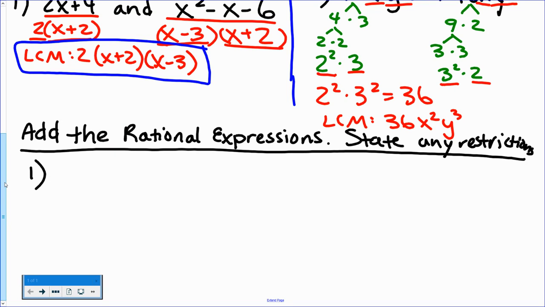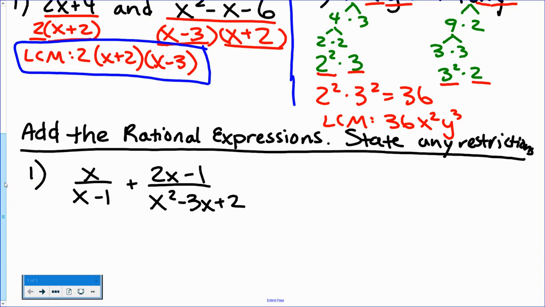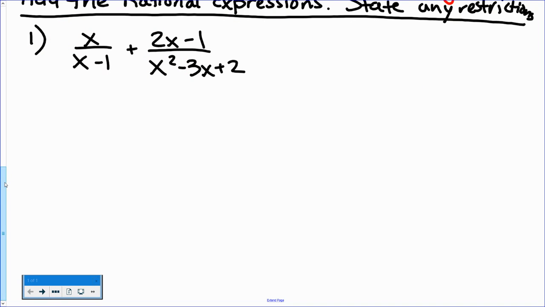All right, so my first problem, I have x over x minus 1 plus 2x minus 1 over x squared minus 3x plus 2. Okay, so when I look at these, they do not have the same denominator, so I will not be able to add them just yet.